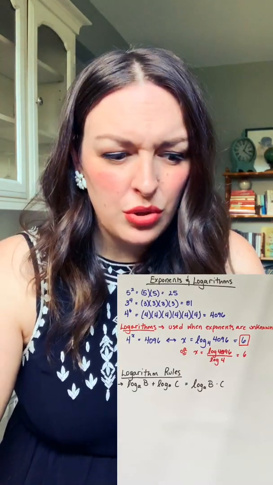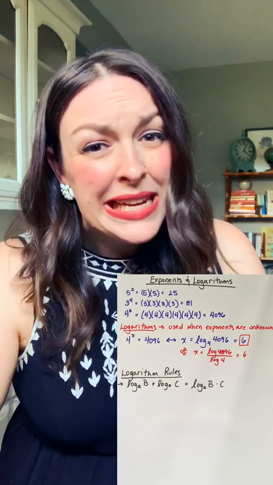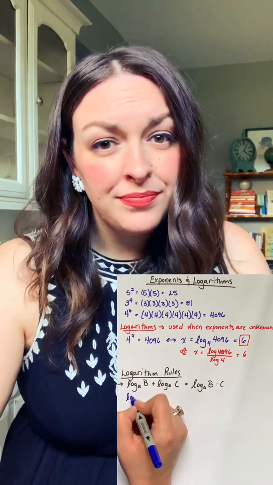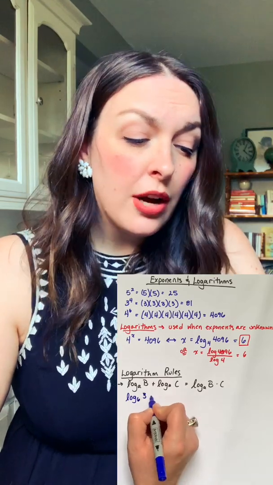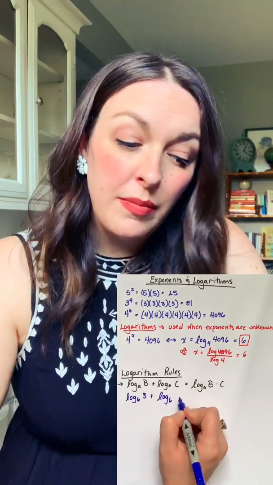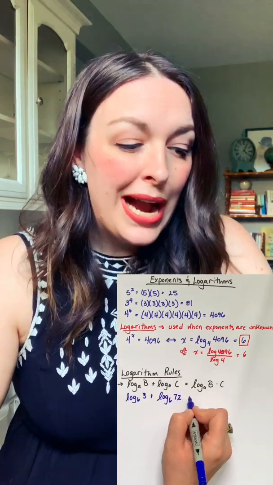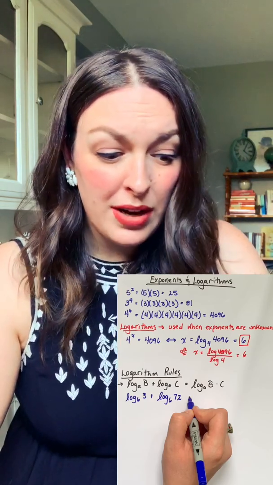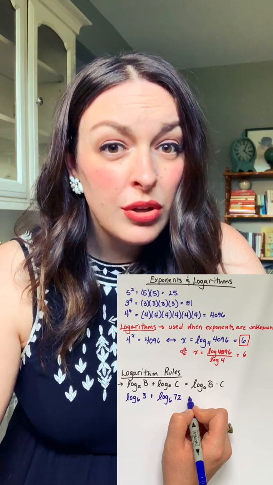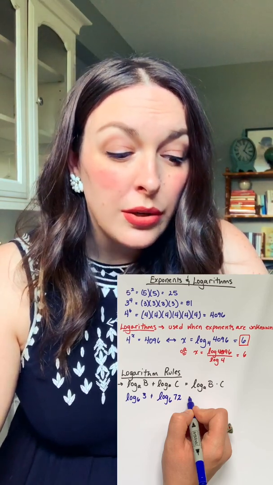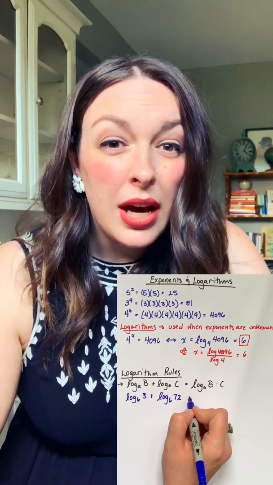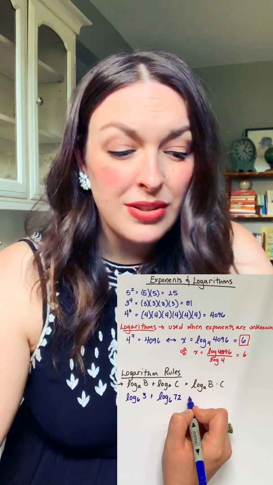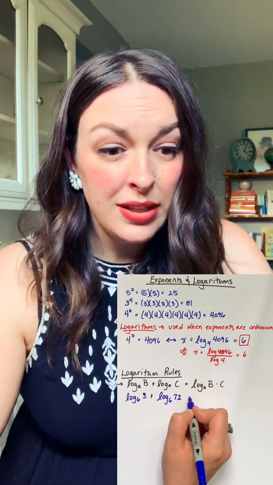Okay, so you just take those two numbers and multiply them together. You need to have the same base for this to work out. So, for example, say I had the logarithm base 6 of 3 plus the logarithm base 6 of 72. I don't know 6 to the power of anything that would equal 3. I don't know 6 to the power of anything that equals 72, right? 6 squared is 36. 6 to the power of 3 is 216, so this isn't going to work for us.